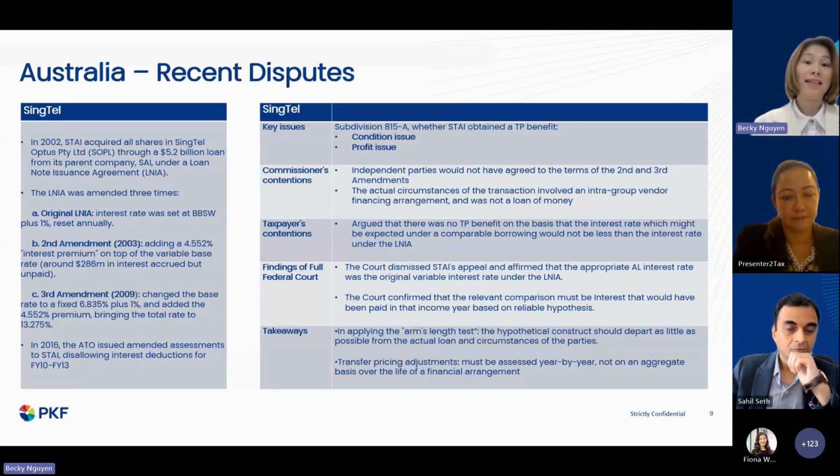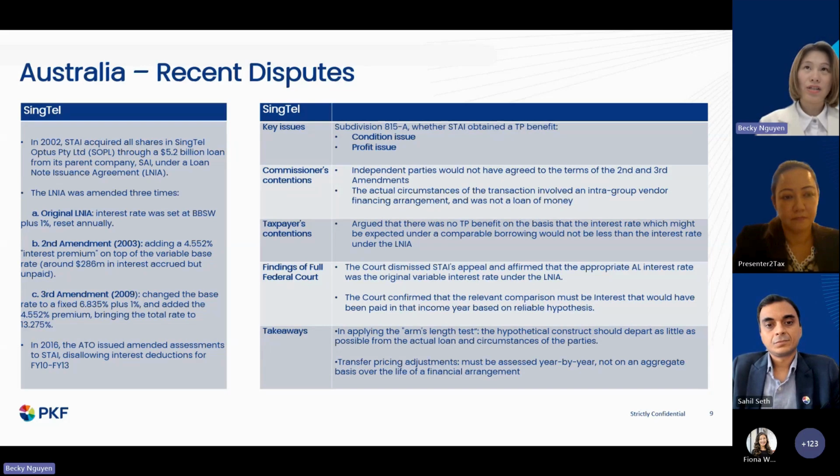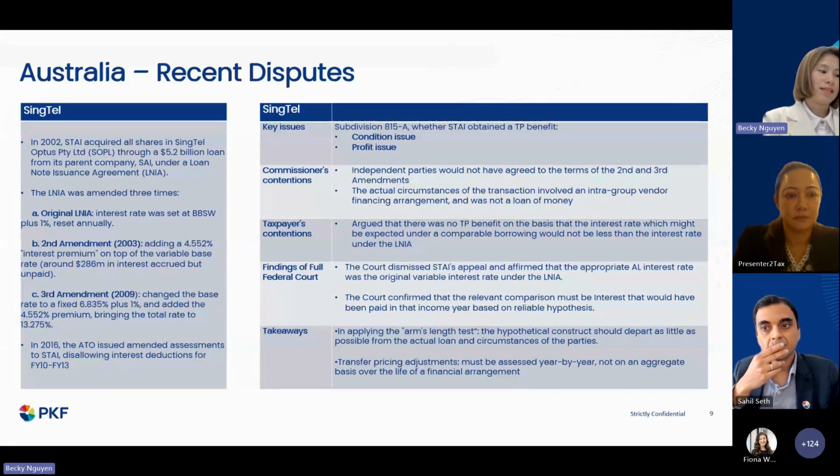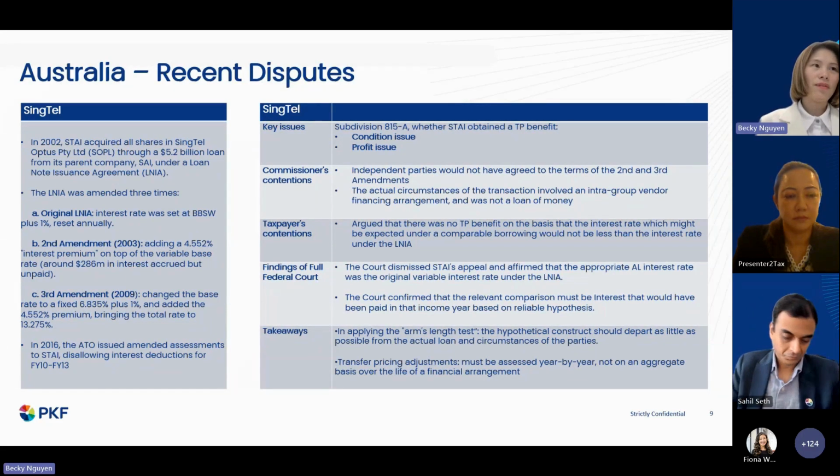The key issue of the case here is about whether Singtel Australia has obtained any transfer pricing benefit. And it involved 2 questions, the condition question and the profit question. In terms of the condition question, it involved whether the conditions between Singtel Australia and Singtel Singapore differ from what would have been agreed by independent parties.